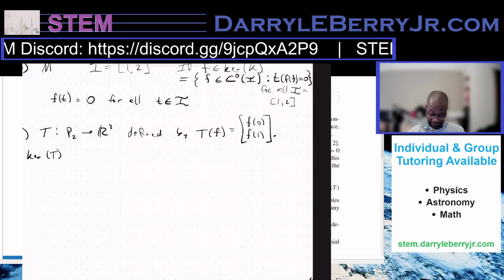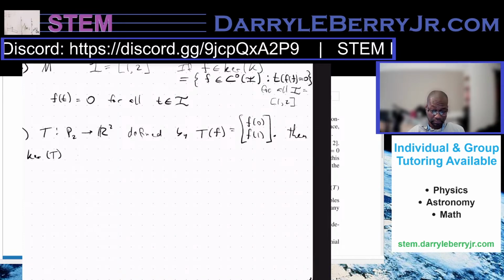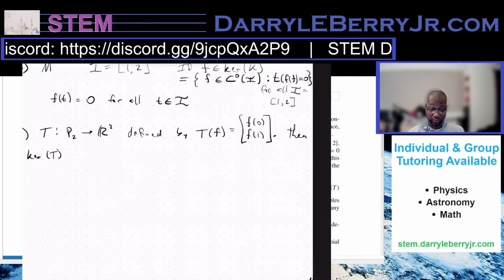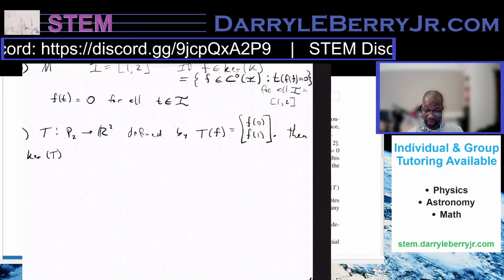Then the kernel of T consists of all quadratic polynomials with roots at 0 and 1.